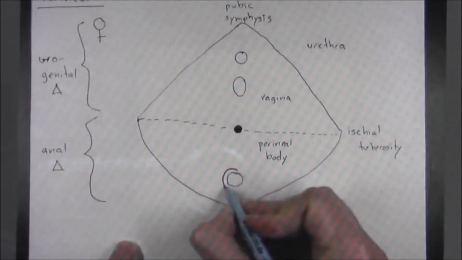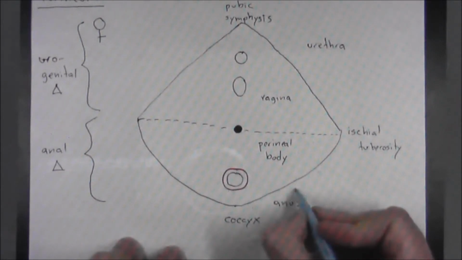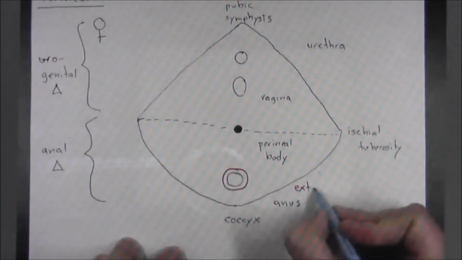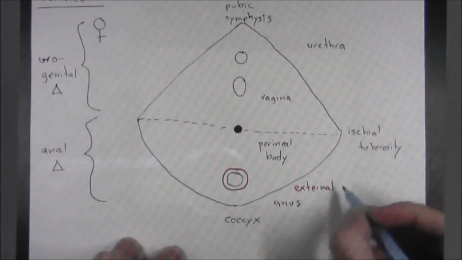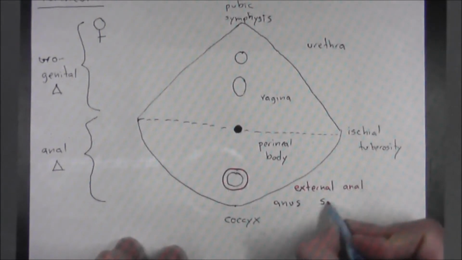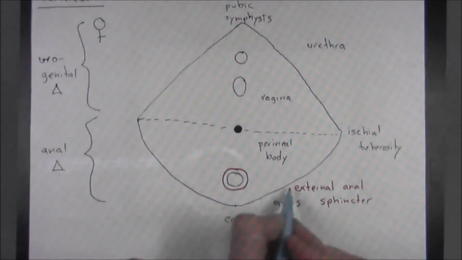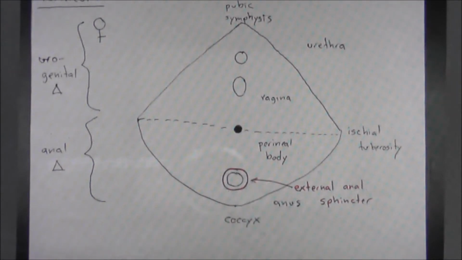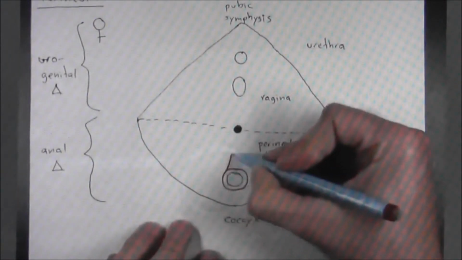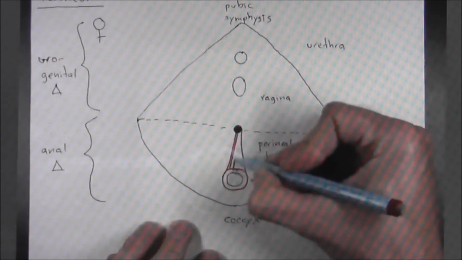External anal sphincter, obviously wrapping around the anus so as to close it off. And the external anal sphincter has muscle fibers that will communicate with the perineal body. Okay?